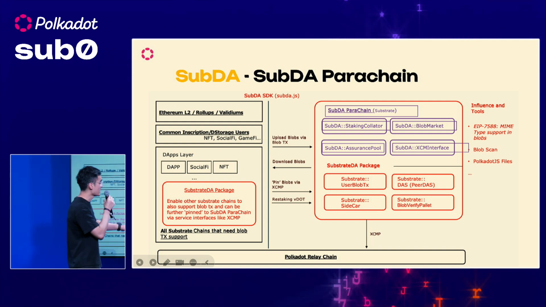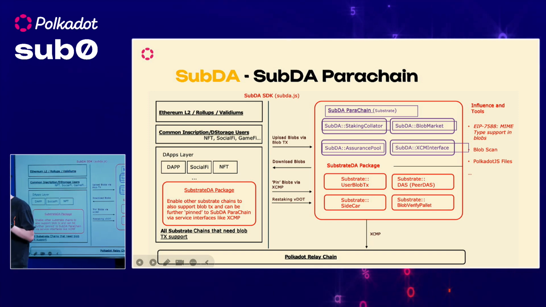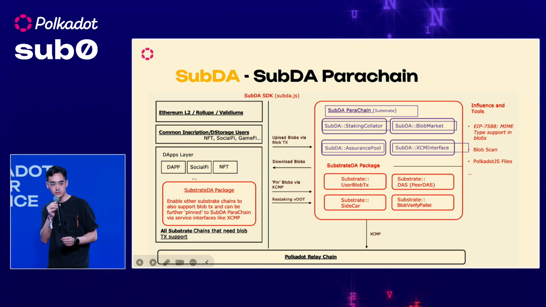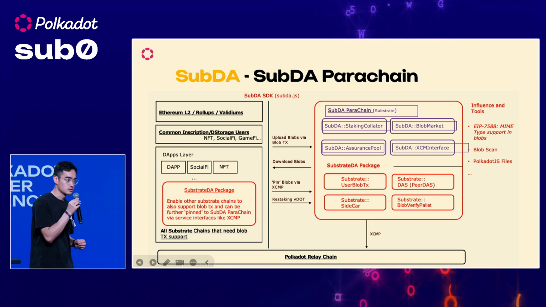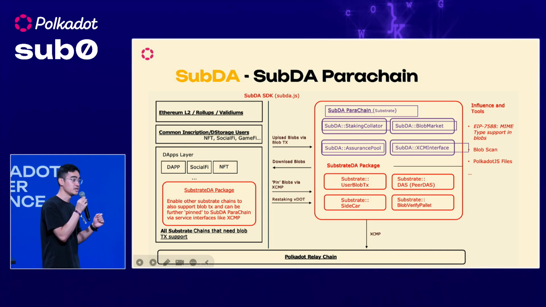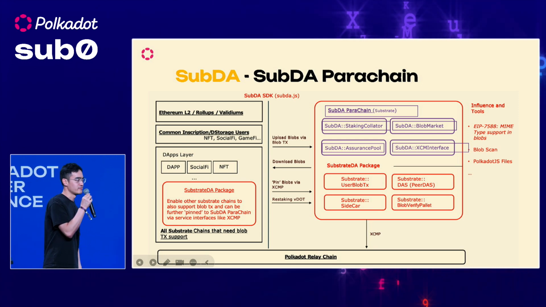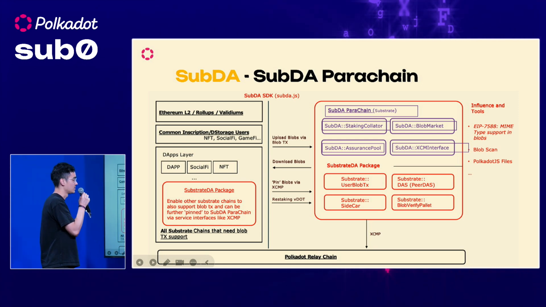For this parachain, we're going to have a staking collector, which allows all Polkadot users to restake their vDOT to provide shared security to all the nodes that perform the DAS, the data collecting, storing, and verification, and shared commitment.